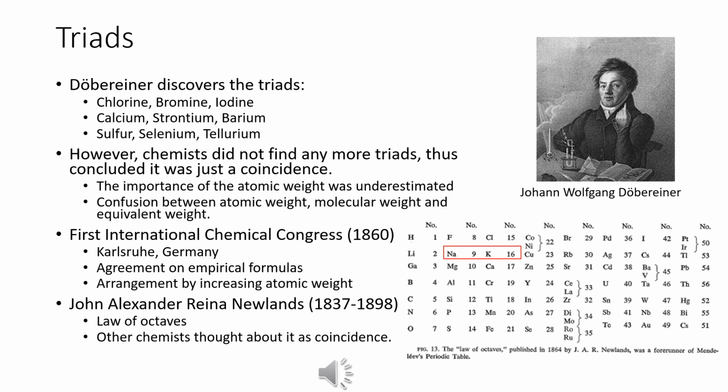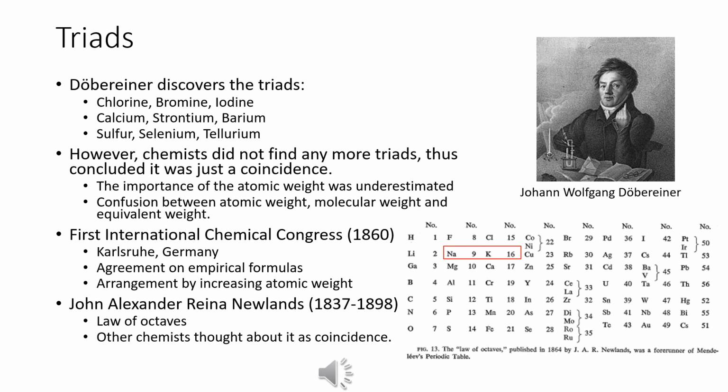Dobereiner went further and found two other groups of triads. He found that calcium, strontium, barium, and sulfur, selenium, tellurium also share this pattern of atomic weight, which increased symmetrically, and that their chemical properties were also similar or followed a similar trend, like the case of chlorine, bromine, and iodine.